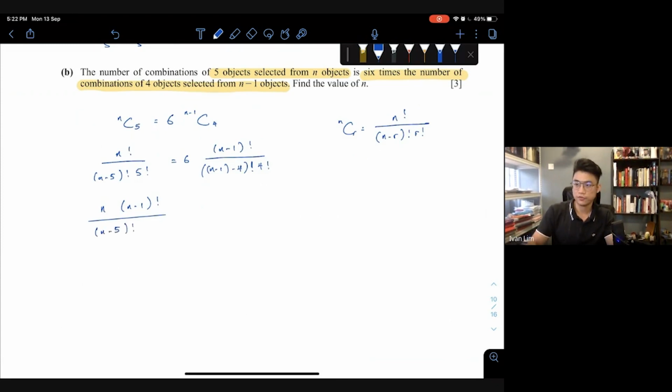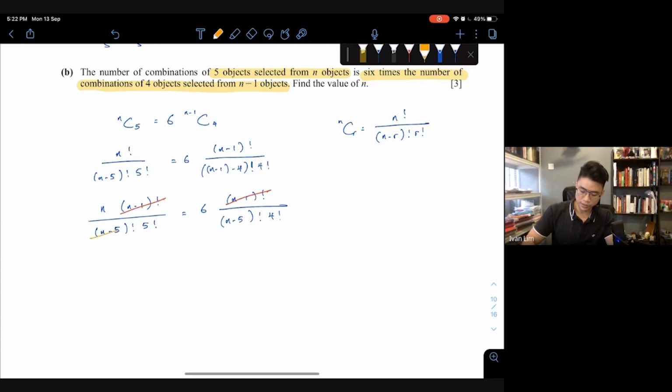So n over n minus 5 factorial, 5 factorial equals 6 times n minus 1 factorial over, at the bottom here, n minus 5 factorial, 4 factorial. This is good. Why? Left-hand side and right-hand side both have n minus 1 factorial, so I can cancel.